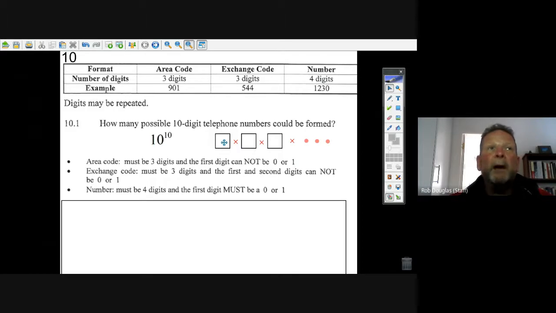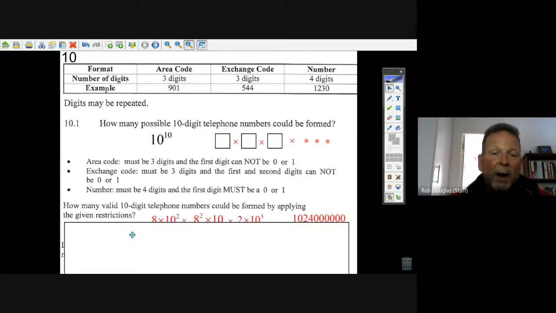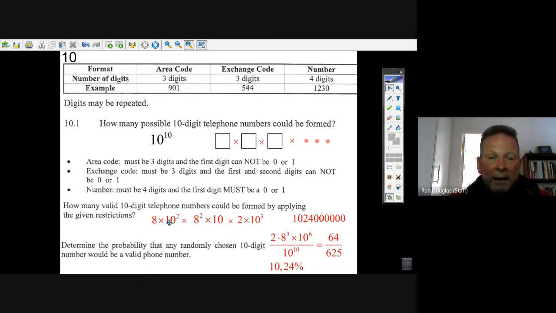Well, that means how many numbers are left? How many things can it be? Well, the number you'd put in there is 8. And then in the next box, you have 10 choices, and then another 10 choices. That's why I've written down here 8 times 10 squared, 8 times 10 times 10.